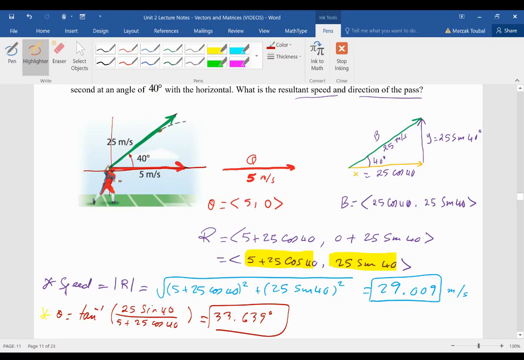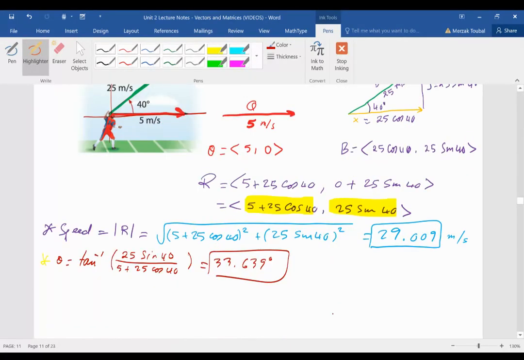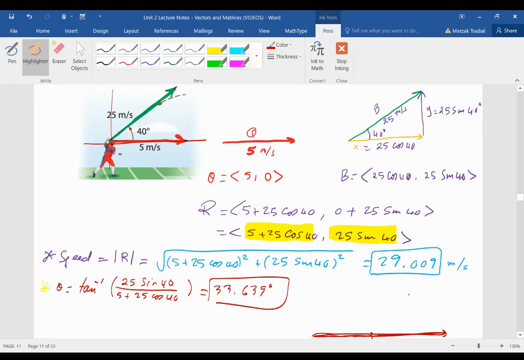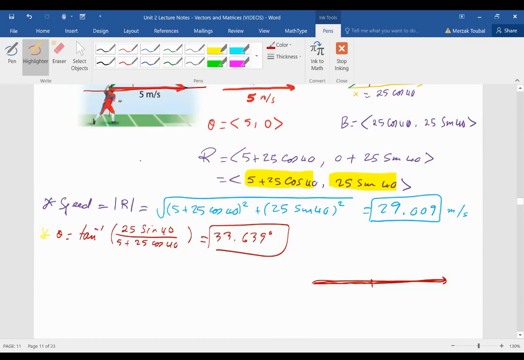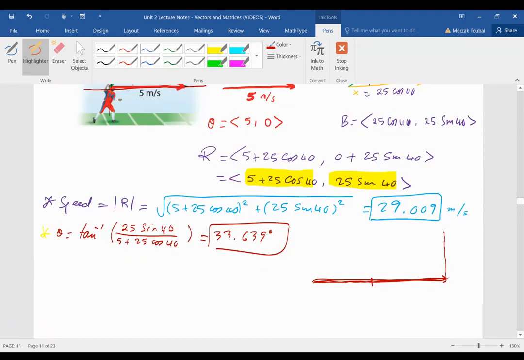So you're going to have a long vector. I'm going to represent this over here. It's going to be vector q and then the horizontal component of the other one. So it will be one long vector like this when you add the horizontal components. Now, the vertical of the q vector is 0. The vertical of the b vector is 25 sine 40. So approximately this.